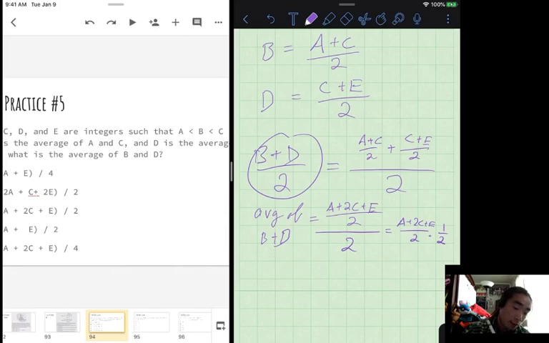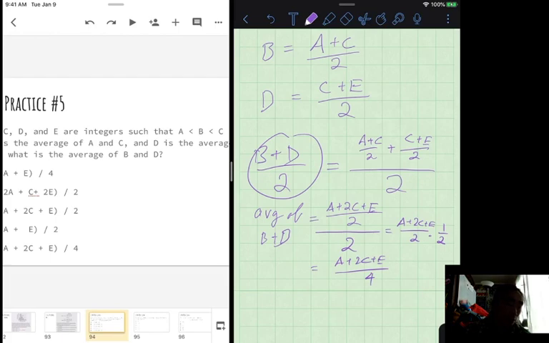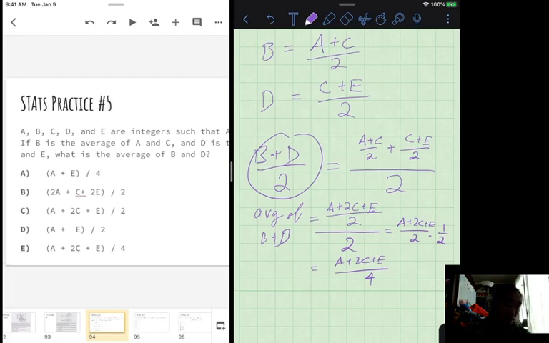We get a final answer of A plus 2C plus E all over 4. And you can tell me which answer choice that matches. Yes? This matches answer choice E.